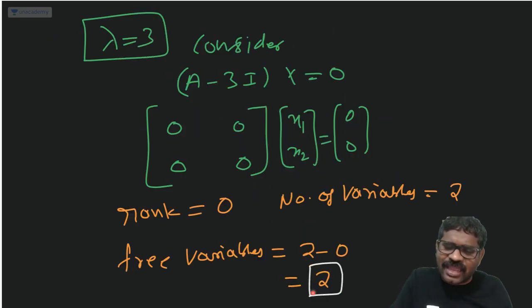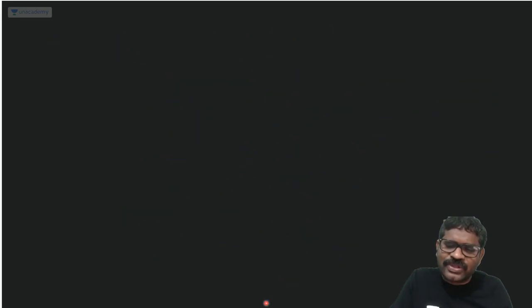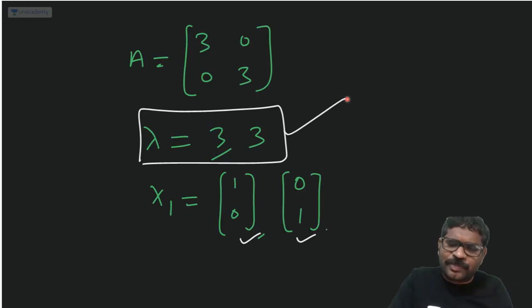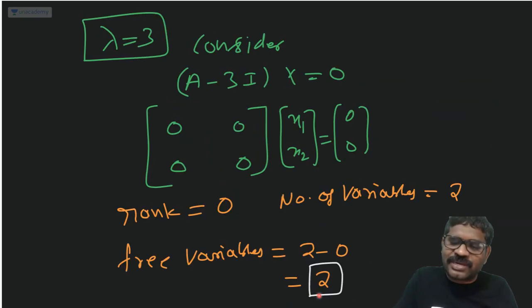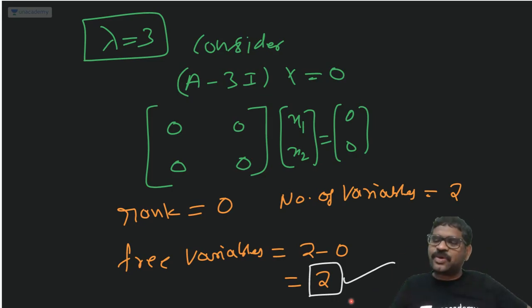In the other case, one eigenvalue is repeated, but you got two independent eigenvectors. The reason is you have two free variables in this problem. That is the logic.